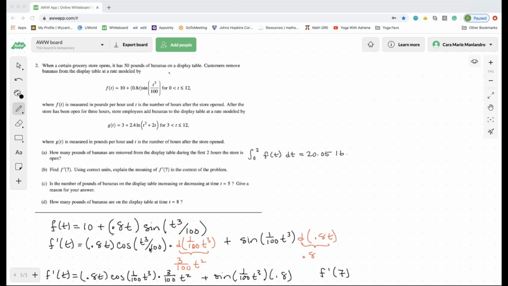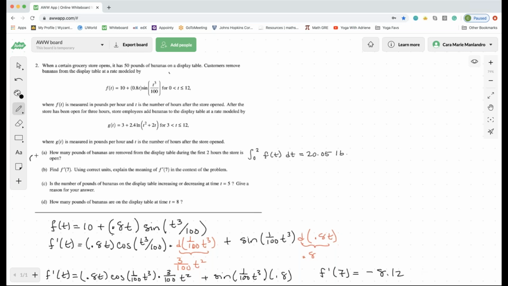I'll just work here. Okay, so I just plugged all those numbers in and I got negative 8.12. That happens to be correct, which is good.